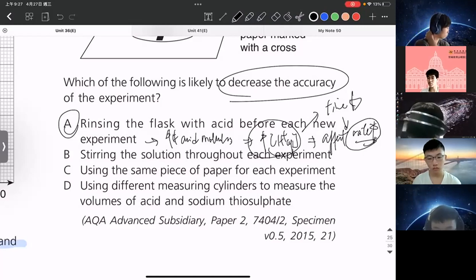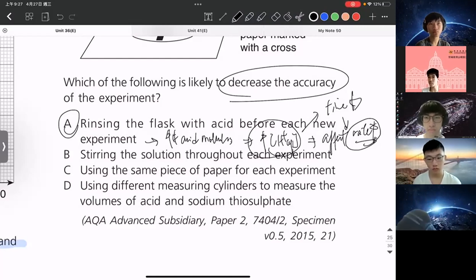So that may more or less affect our accuracy. So A must be the totally wrong answer. D may give you some errors, but it is not a wrong practice. A must be wrong. Can you get my point?